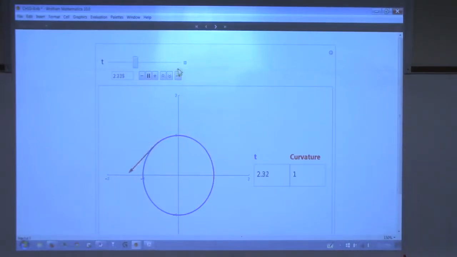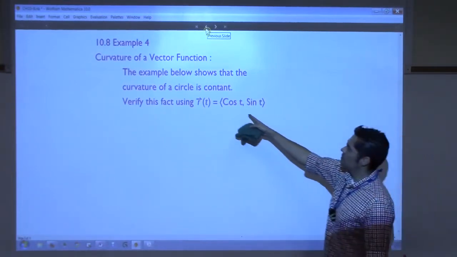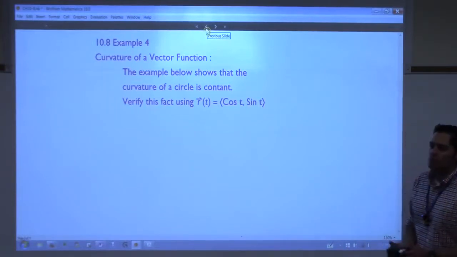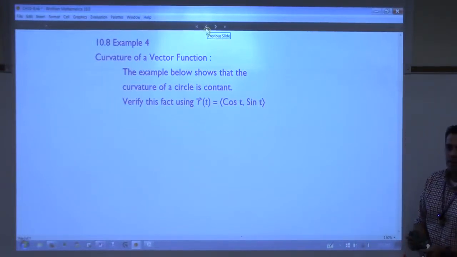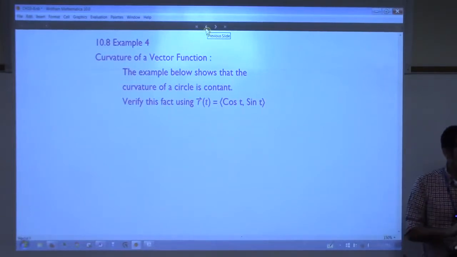Let's actually verify that ourselves by finding the curvature of this. The answer should be 1. So how do you want to do it? You want to use the first formula or the second one? The second one requires a cross product, doesn't it?